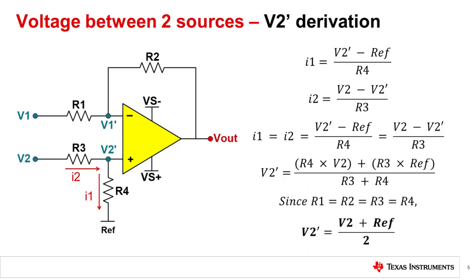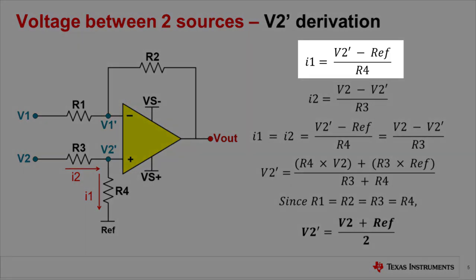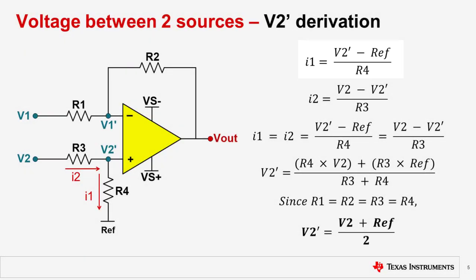Going back to our original configuration, we can see that the non-inverting input is connected to a voltage divider formed by R3 and R4. The voltage seen at V2' can be broken down by 2 current equations. I1 is the current flowing through R4 and is defined as V2' minus ref over R4.